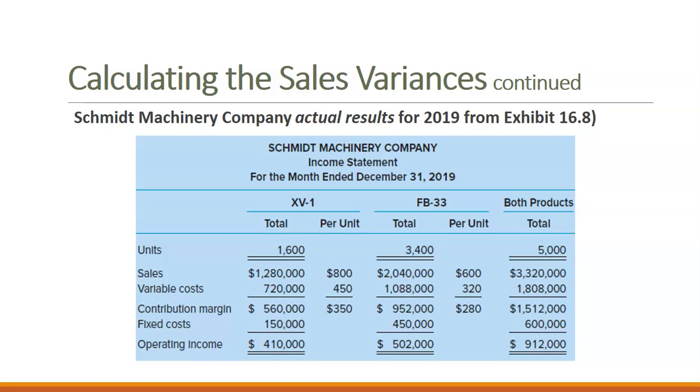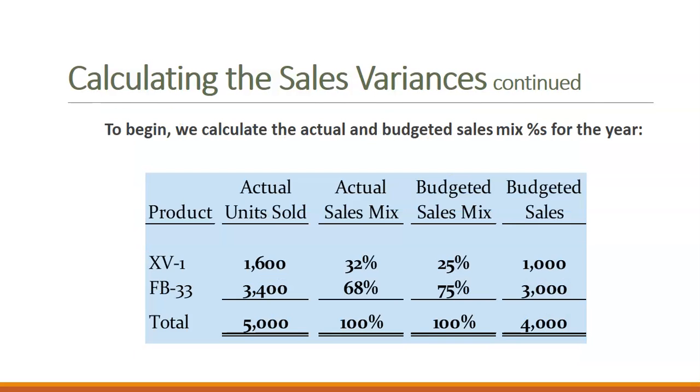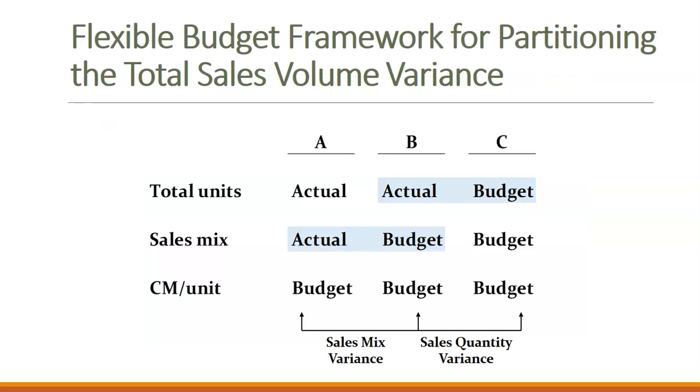So when we're looking at the actual and budgeted sales mix for the year, first we have that 3-to-1 sales mix. Okay, that's our budgeted sales mix. It's a 75% ratio to a 25% ratio, or a 3-to-1 ratio. However, our actual results show a 68% to 32% ratio.